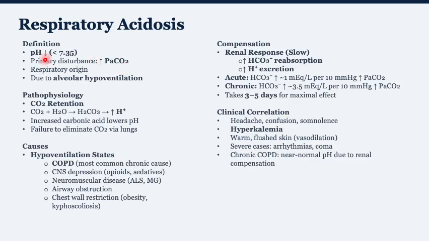So you will have a decreased pH and an increased carbon dioxide. This is respiratory in origin, and a lot of times it's due to some type of alveolar hypoventilation.